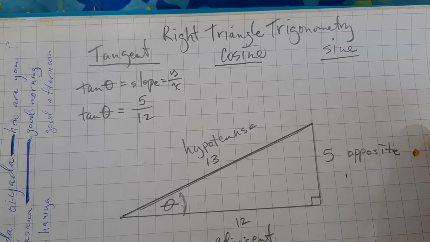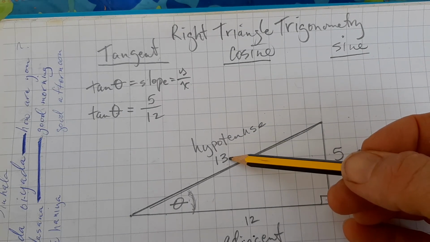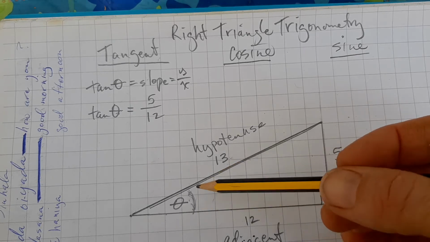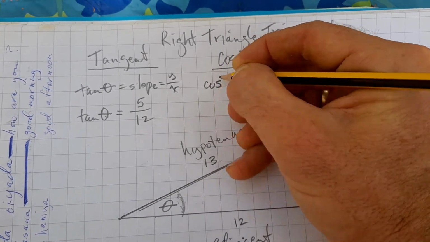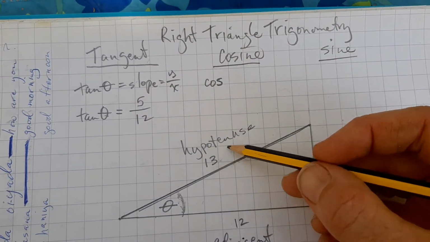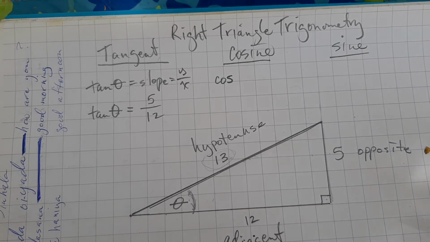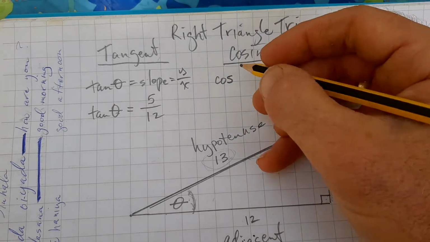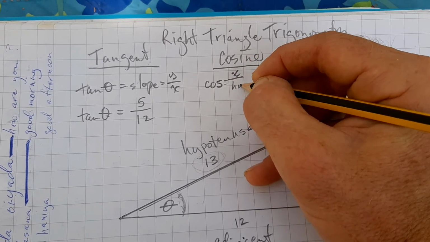So the other two bring in this length of the hypotenuse. Okay, so the cosine, they're related to tangent, but they're bringing in this length here, okay? So cosine is the x divided by the hypotenuse.